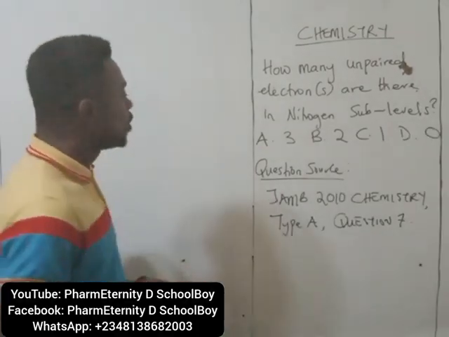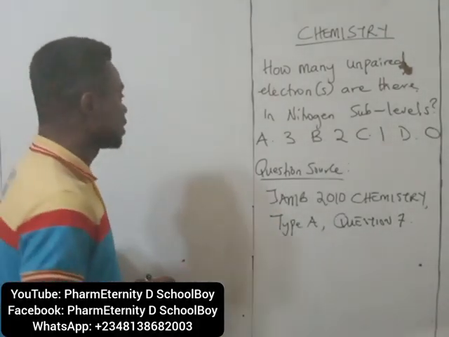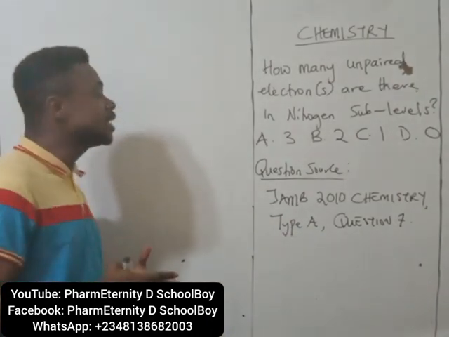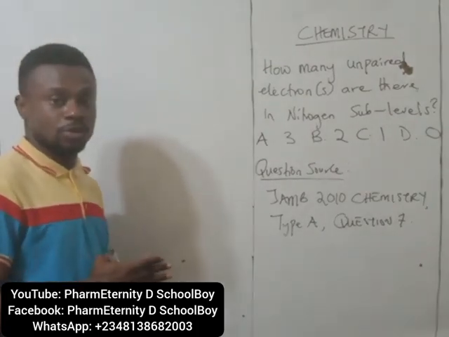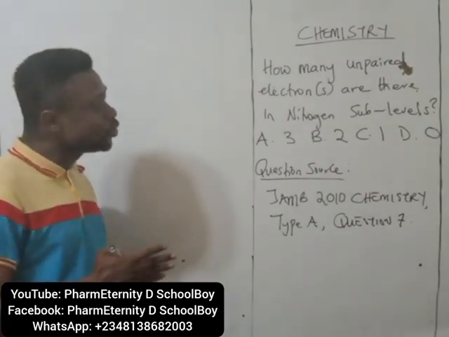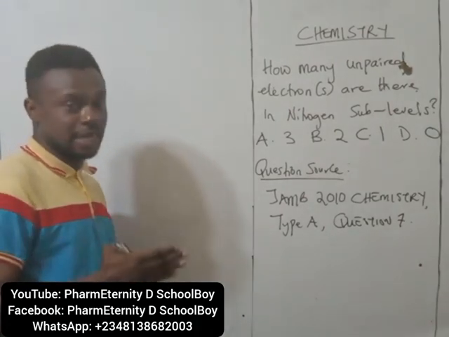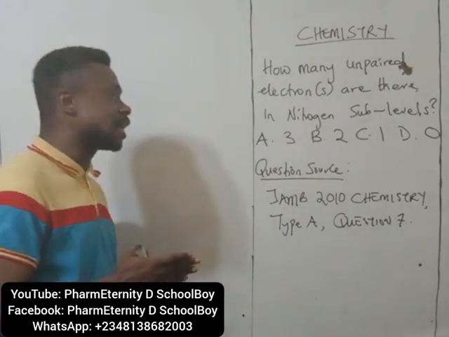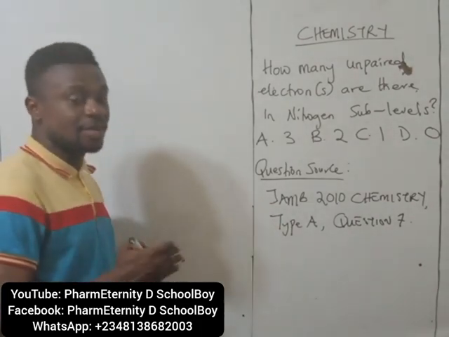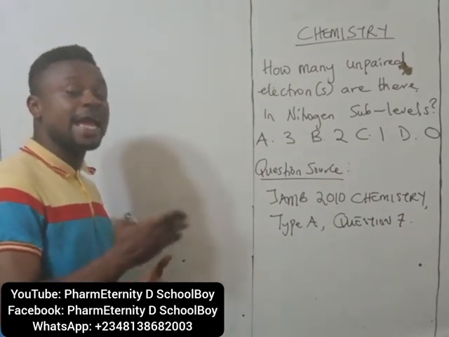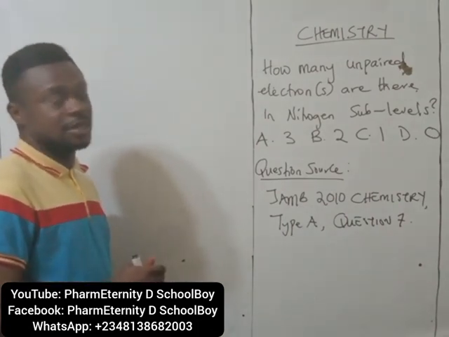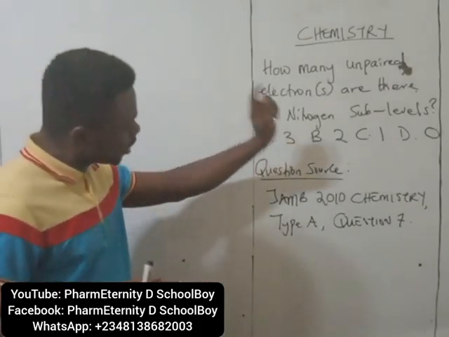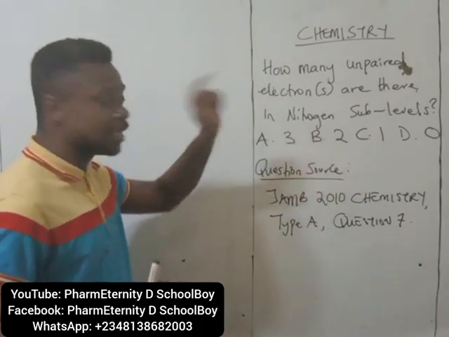Looking at these orbitals, we also put into consideration the principles, especially Hund's rule, that is used in filling the orbitals with electrons, where you should fill a particular orbital singly first before pairing. Now, to buttress this point, let us look at nitrogen used in this question.